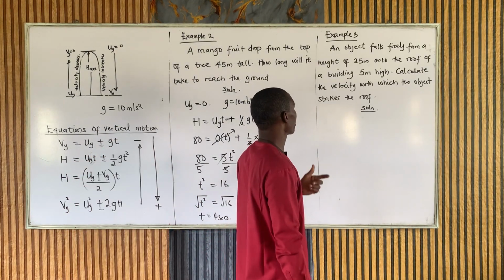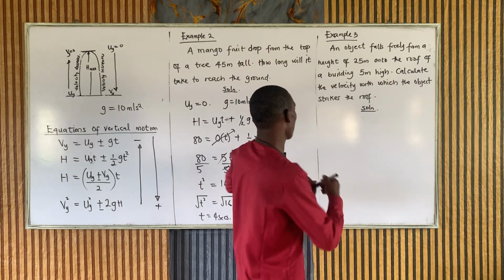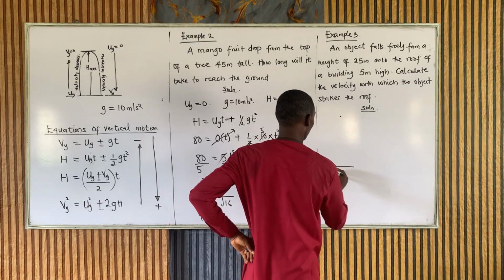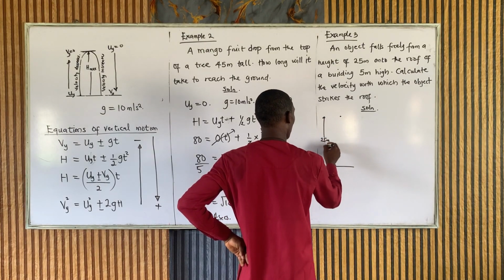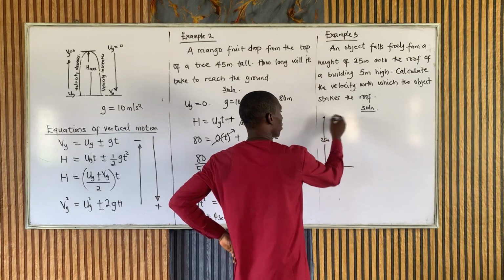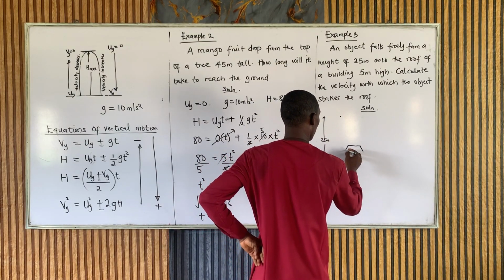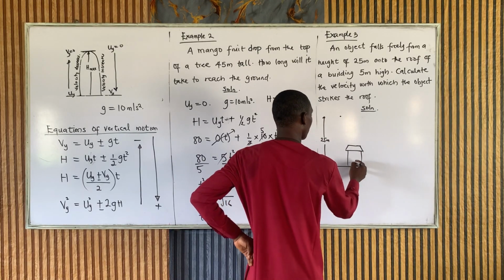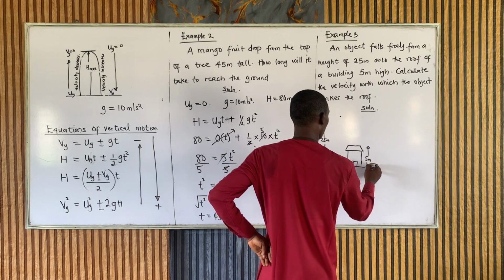Example 3. An object falls freely from a height of 25 meters. Let me assume it falls here, and this is the ground, and the vertical distance from here to here is 25 meters. It falls here to the top of a roof. It is the roof of a building, and the height of this building is 5 meters.